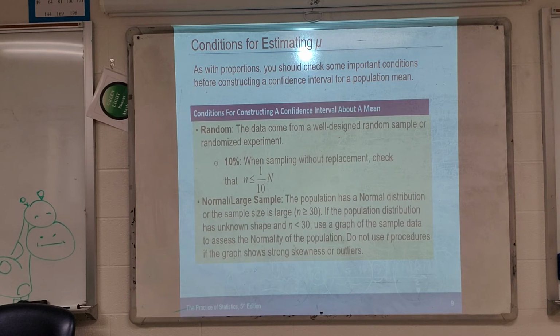But do not use T procedures if the graph shows strong skewness or outliers. That's doing a normal probability plot. We haven't talked about that in a hot minute. We might have to go back and revisit that at some point, but we won't get into that right now. You plot your sample data and look to see if it's kind of normal.